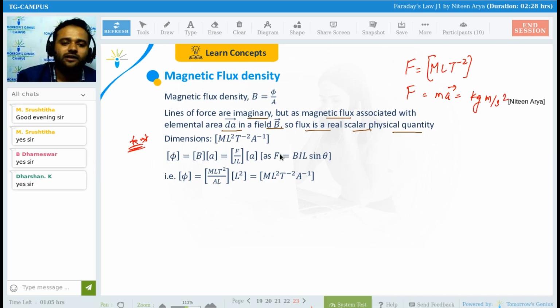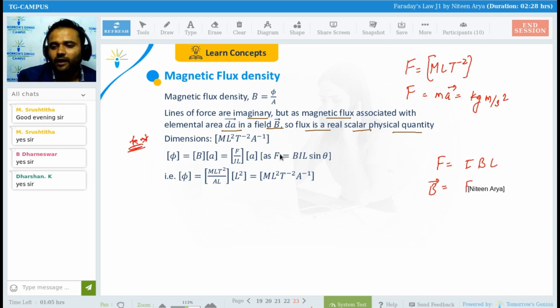So from there, for magnetic flux, as we know, phi is B dot A, and B comes from F equals I B L sine theta. So from here you can get the dimension of B, and area is there also.